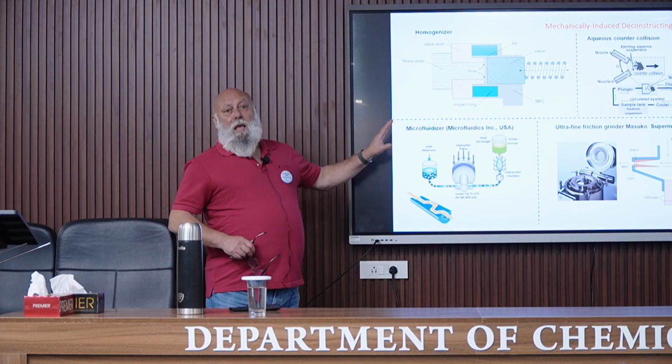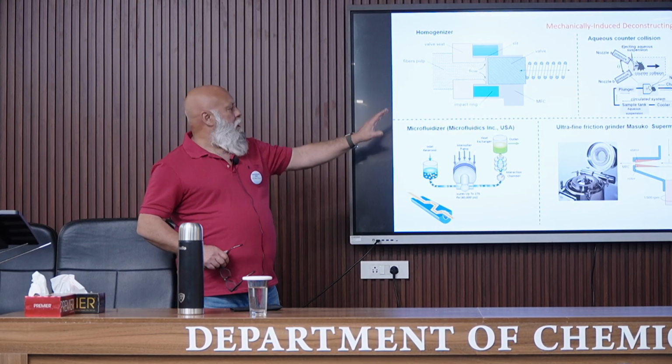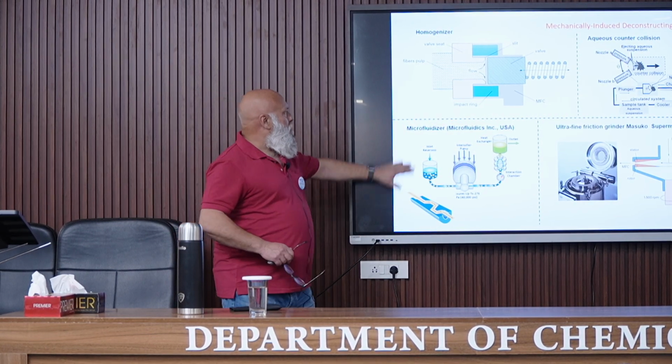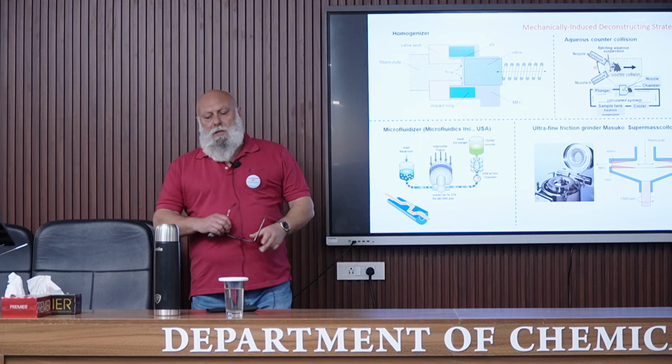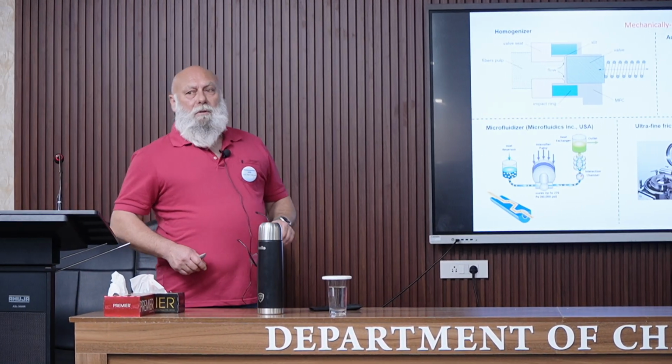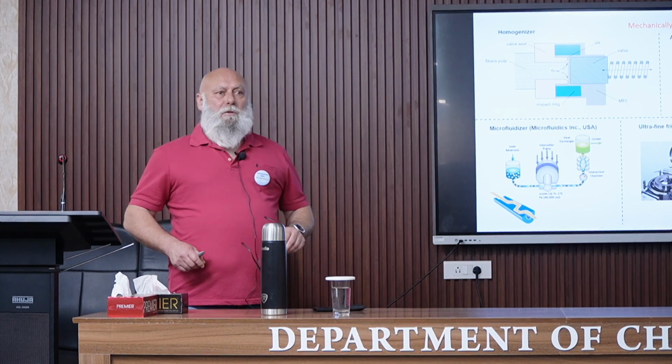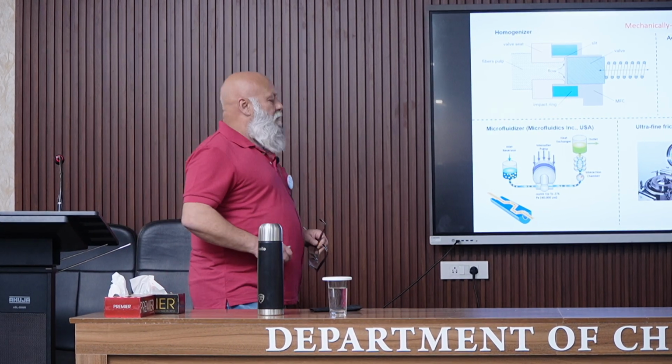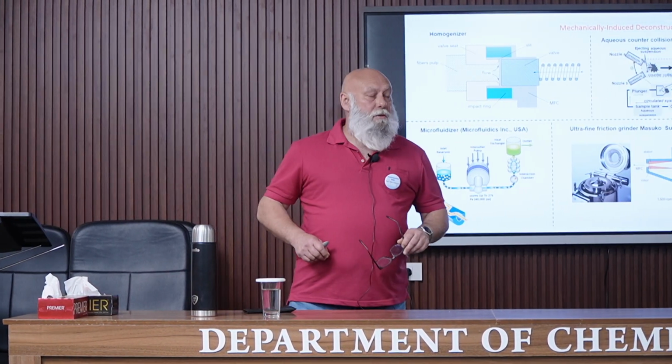So different equipment can be used. I will not describe all this equipment, maybe only this one, which is the oldest one, because it was used during the first publication on the processing of this kind of material in 1983.